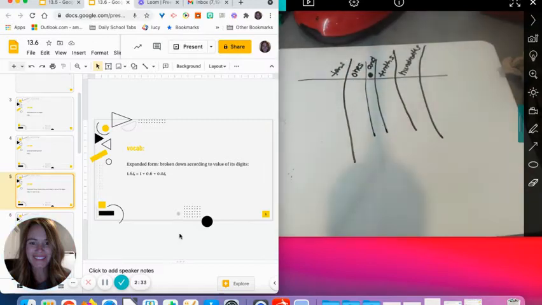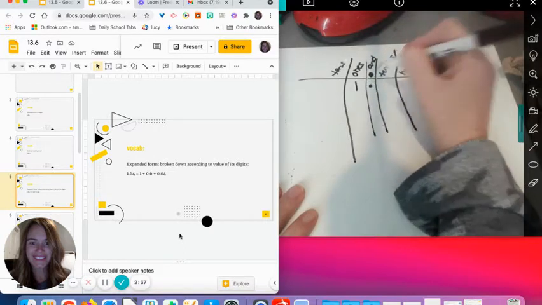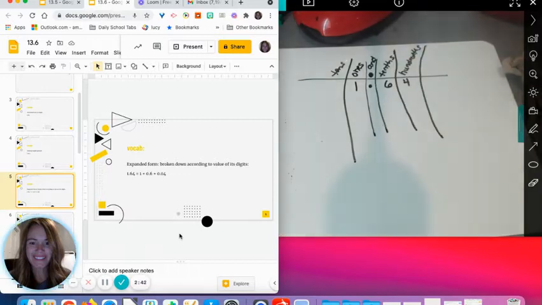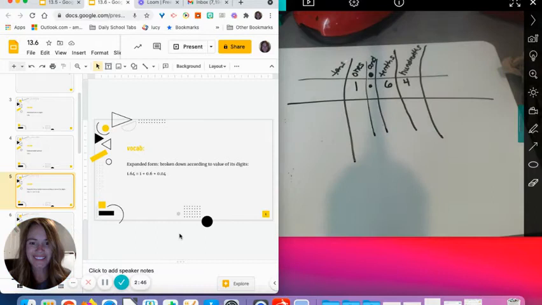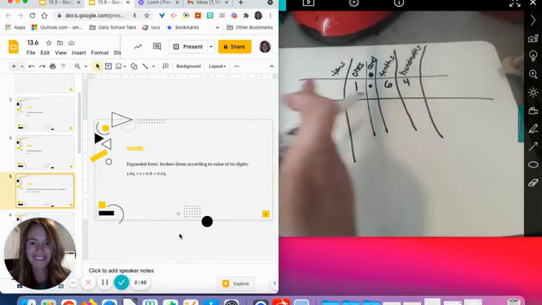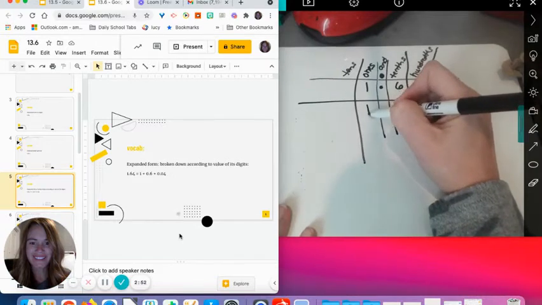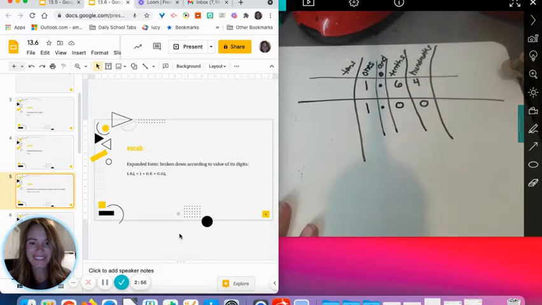We can put our tens on here as well. And what we're going to do is put that number in there, 1 and 64 hundredths. So I like to put the value, just like we did with our whole number, putting it into a place value chart. So this is 1.00.